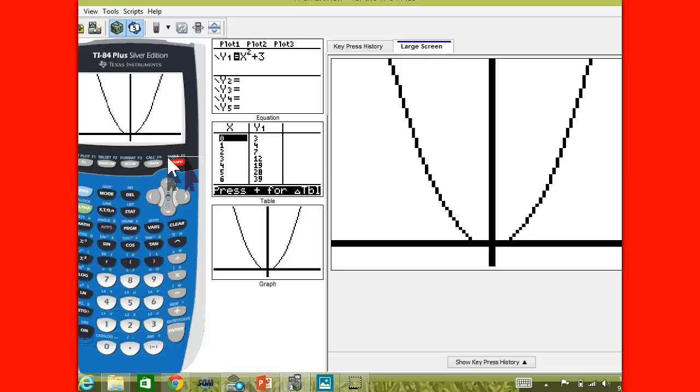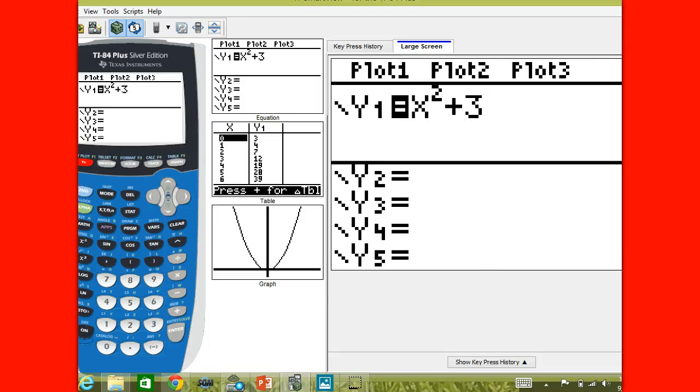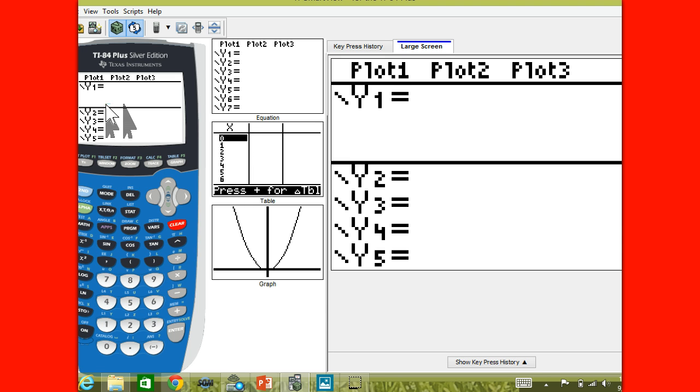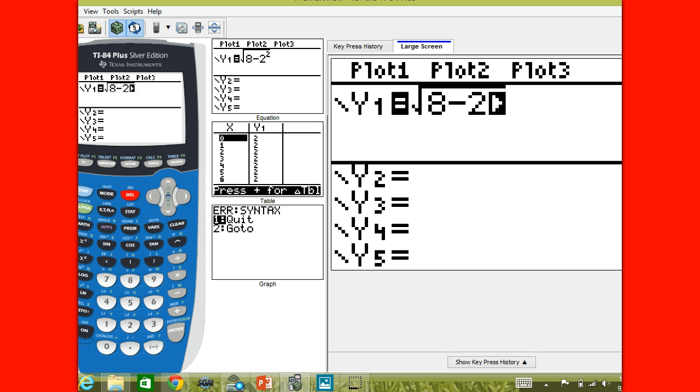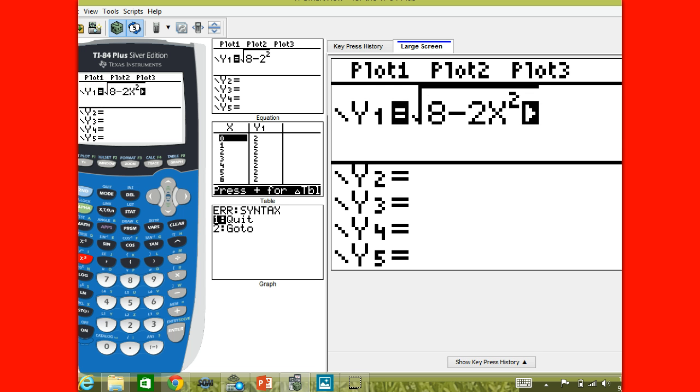All right, go to the next example. For example number 2, they ask us to determine an appropriate viewing window for the square root of 8 minus 2x squared. So, square root of 8 minus 2x squared.